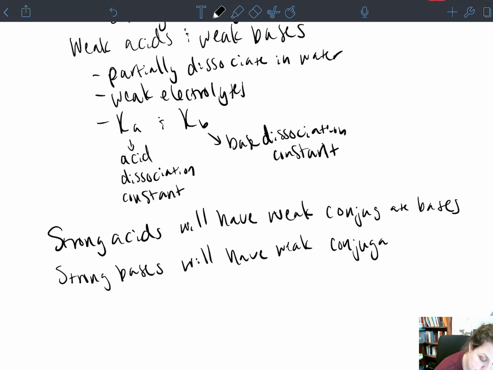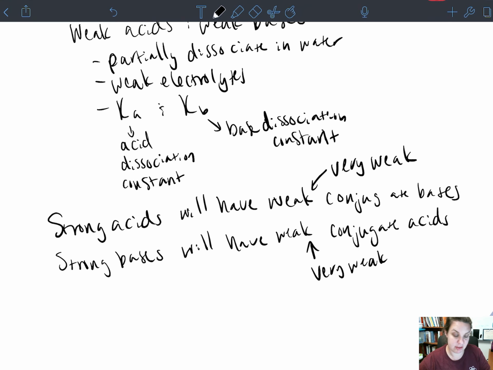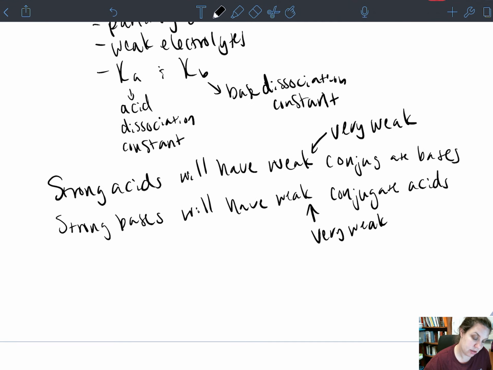And then with our weak acid and our weak base, we form weak conjugates. And these are very weak if we have a strong one, almost to the point that the conjugates are neutral, so they'd have a neutral pH.